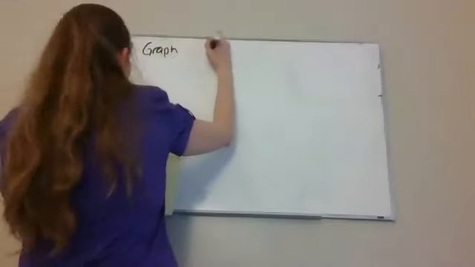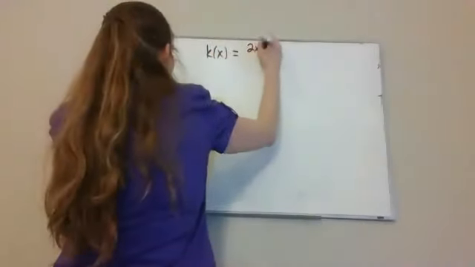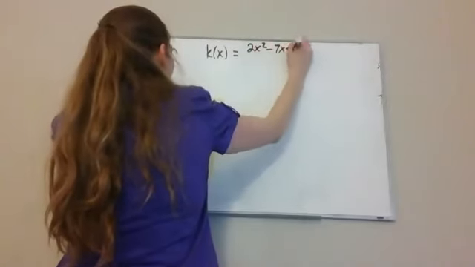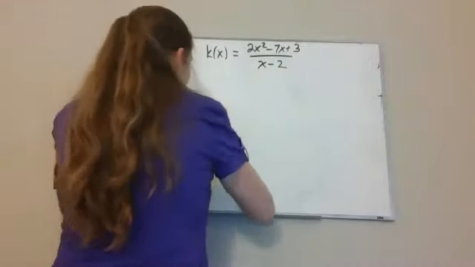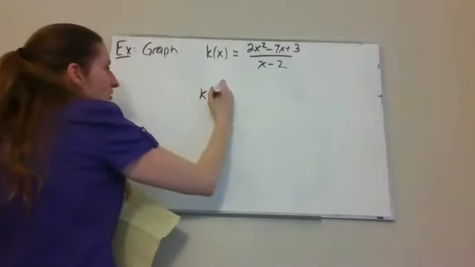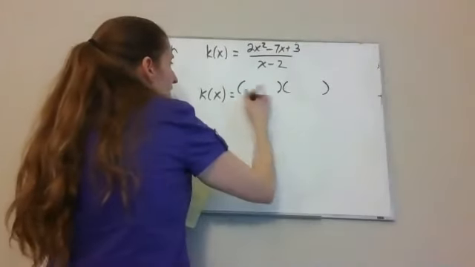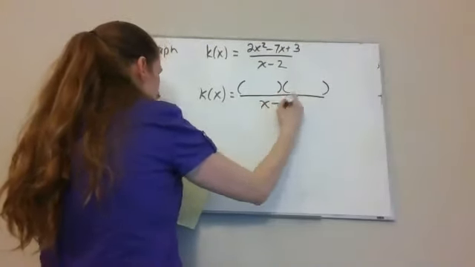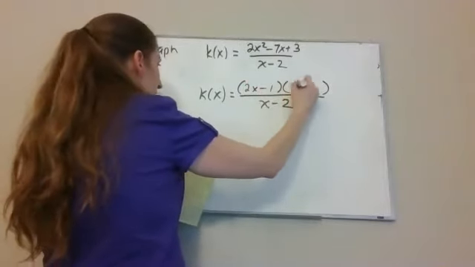So let's graph k of x equals (2x squared minus 7x plus 3) over (x minus 2). And the first thing I'm going to do is factor this entire rational function. If you factor the top, you will get (2x minus 1) times (x minus 3).